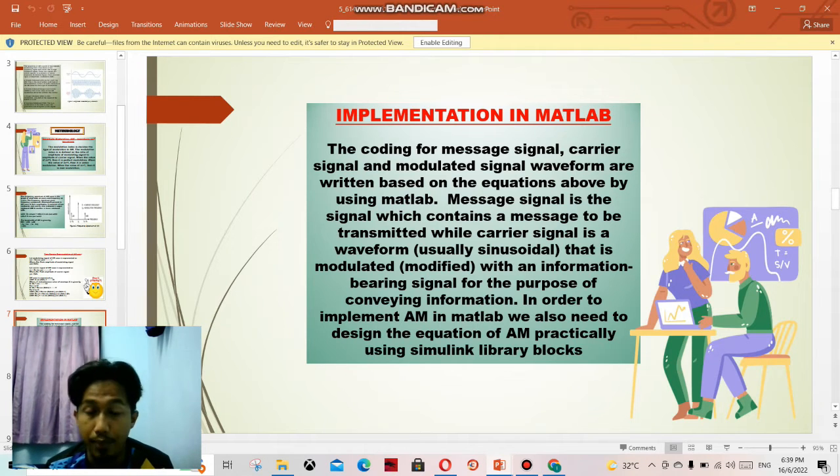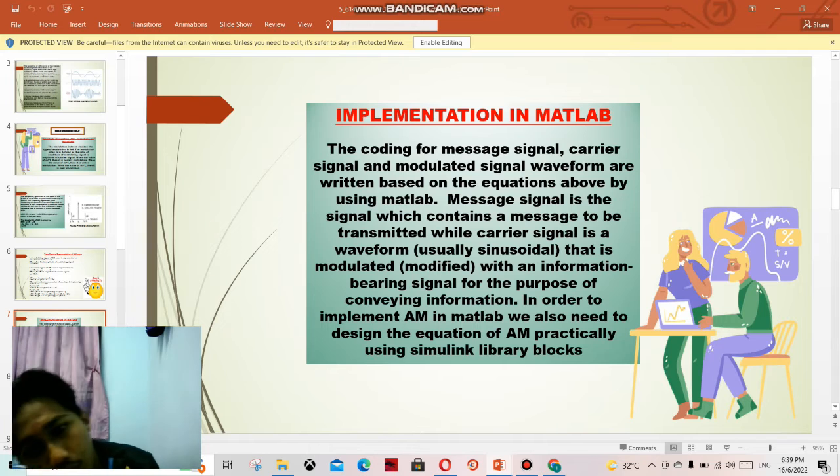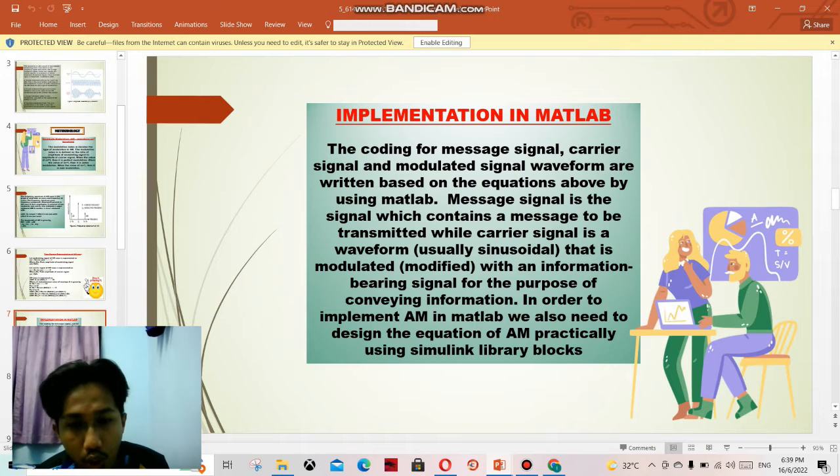The message signal is the signal which contains a message to be transmitted, while the carrier signal is a waveform that is modified by the modulator with the information bearing signal for the purpose of conveying information. In order to implement AM in MATLAB, we also need to design the equation of AM practically using the Simulink library block. That's all for me. Thank you, madam.